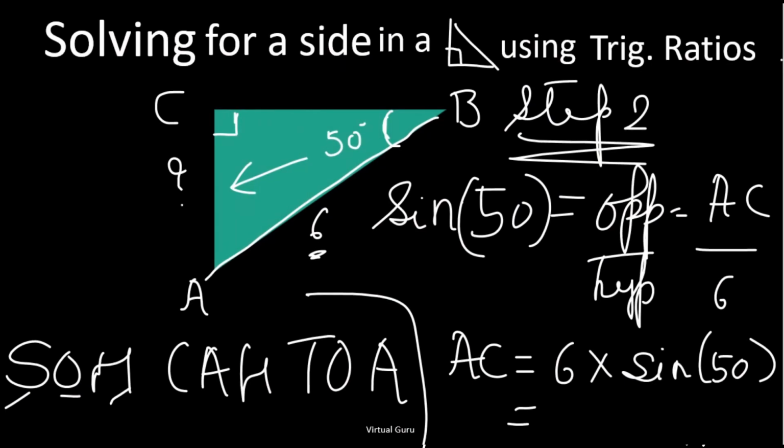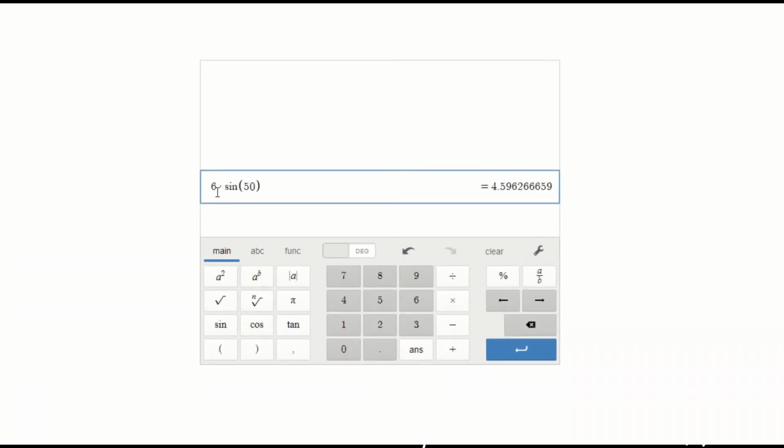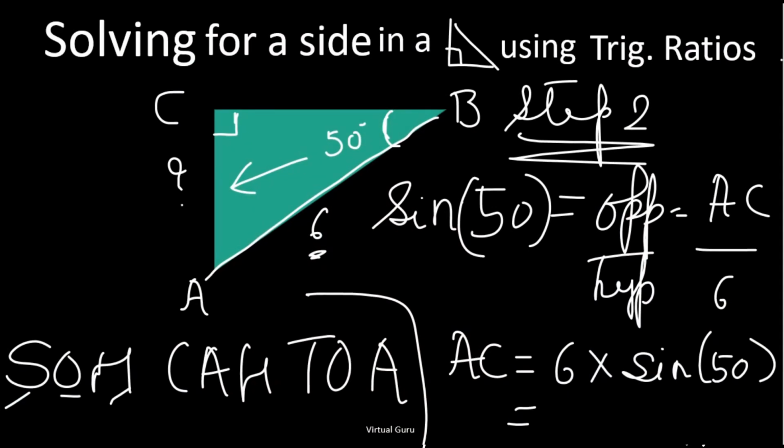Okay, now we are going to find sine of 50. So 6 into sine of 50 is equal to 4.59, or you can round it off to 4.6. It is an approximate answer, that is equal to 4.6. So this is our side, 4.6. This is how we are supposed to find the side.